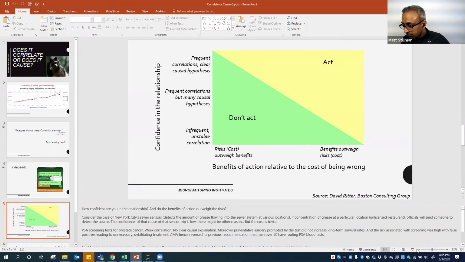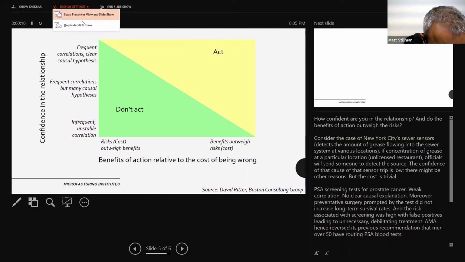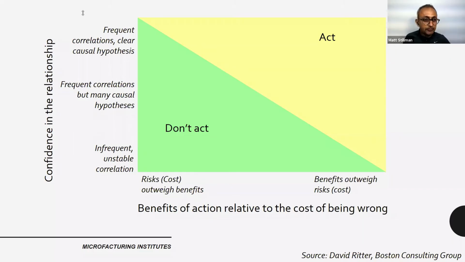So this is basically act versus not act. Where is my cursor gone? Give me one minute, I'm going to bring back my cursor. Duplicate slideshow. Let me move this on the side.